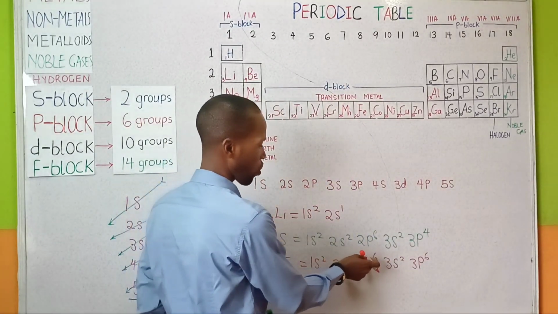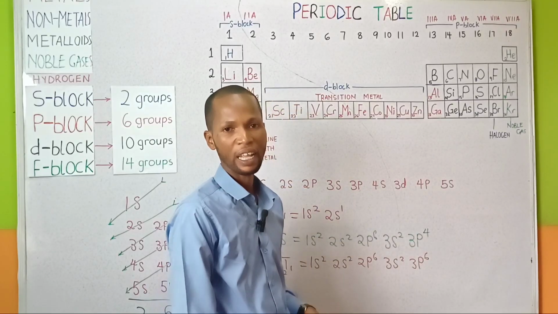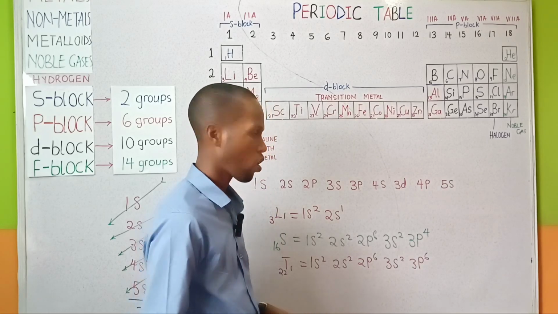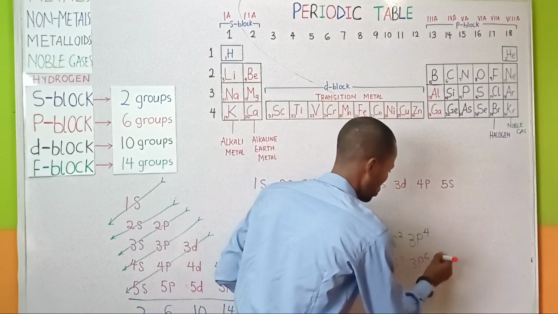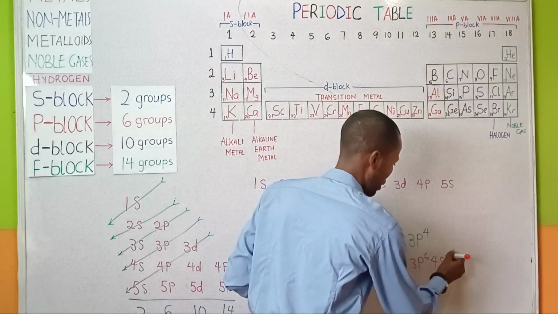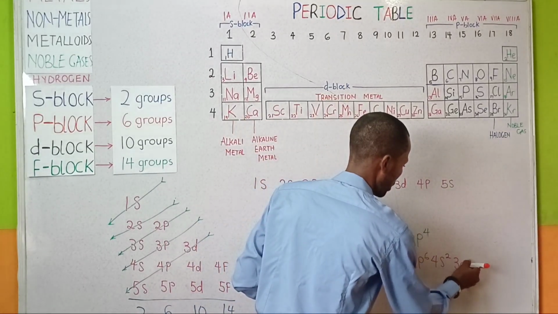Let's try and add it. 2 plus 2, 4, plus 6, 10, plus 2, 12, plus 6, that is 18, we have 4 electrons more. I will go to the next subshell, that is 4s, 4s2, and we have what? 3d2.